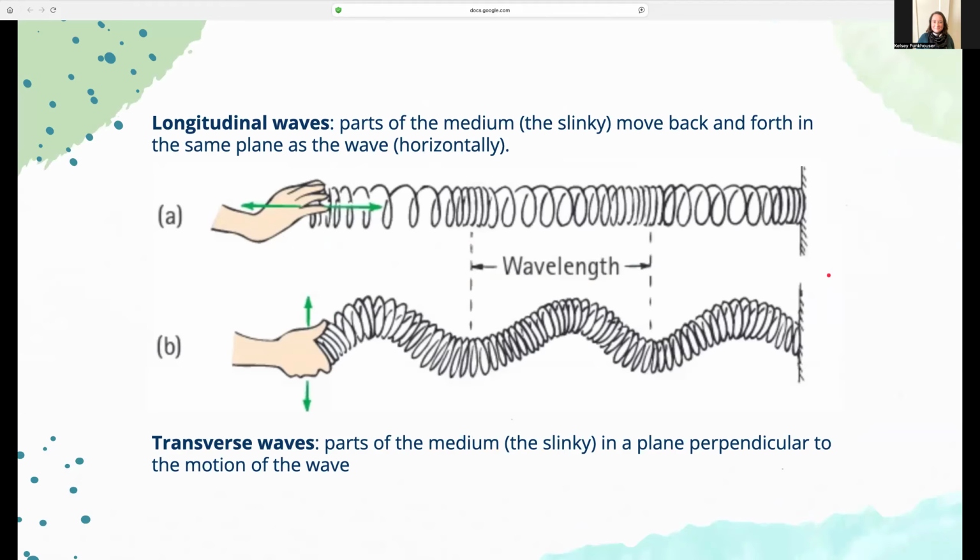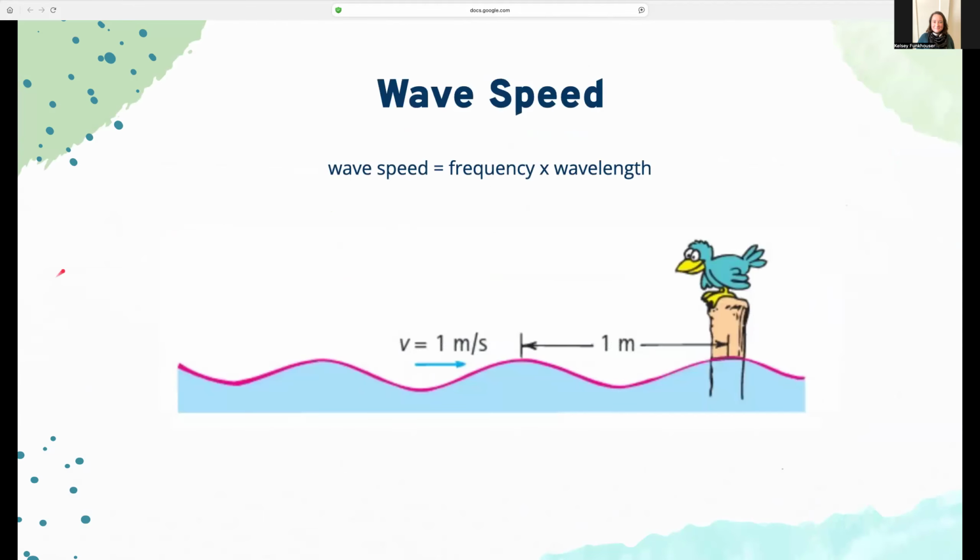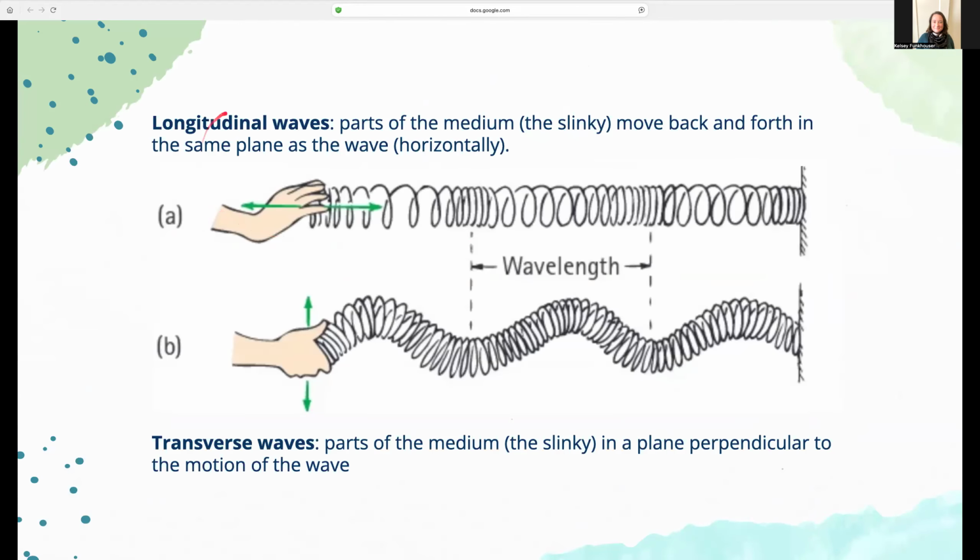There's two types of waves, and also here's another example of waves in a different material or object. This time it's in slinkies. Longitudinal waves are where parts of the medium that the wave is moving through move back and forth in the same direction as the wave.